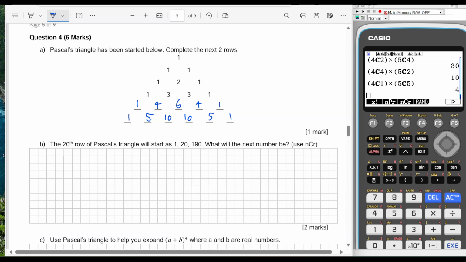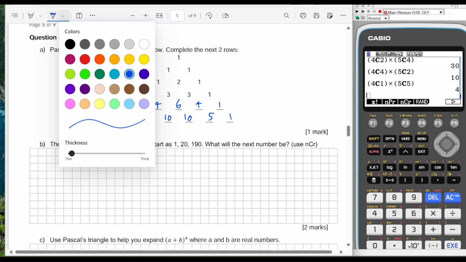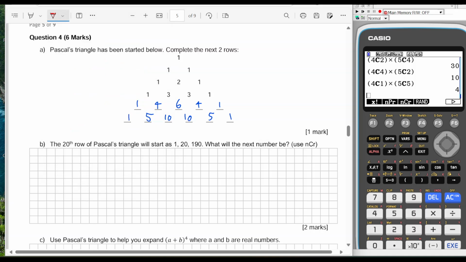Now, when you deal with Pascal's triangle, something like this 6 here would be C, and then it's the 4th row, and it's the 3rd, well, technically 2nd spot, because you start counting from 0. So this would be like C4,0, and then C4,1 there.